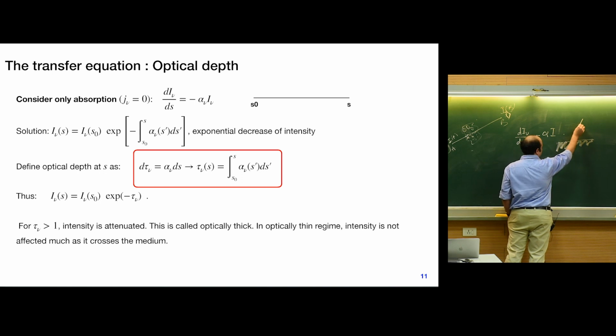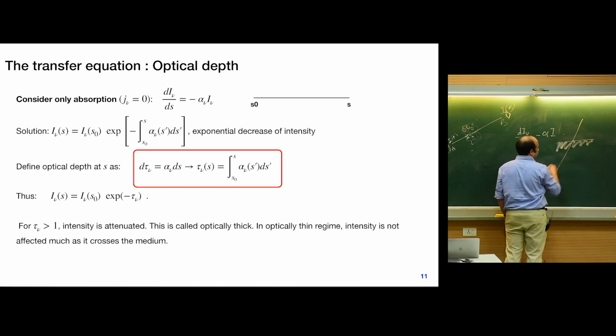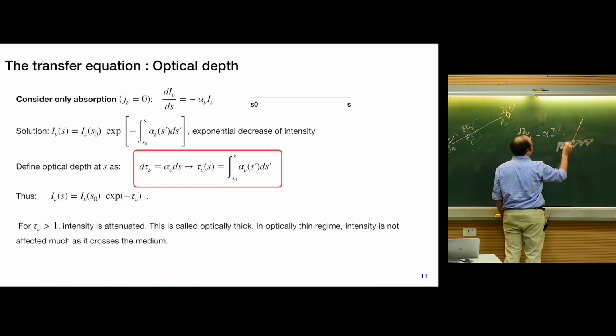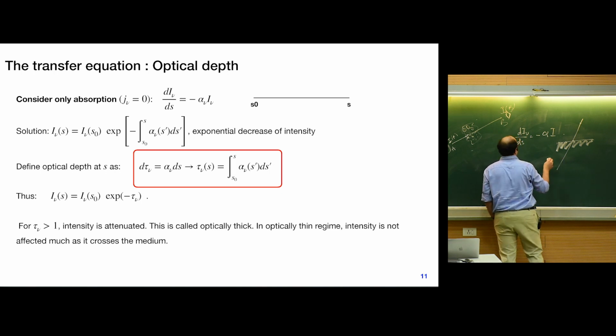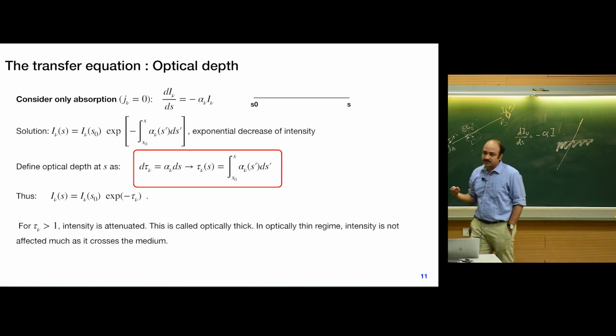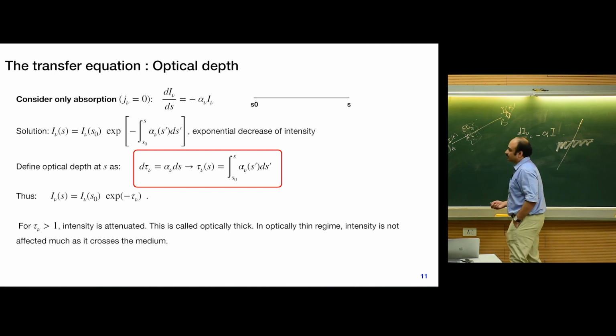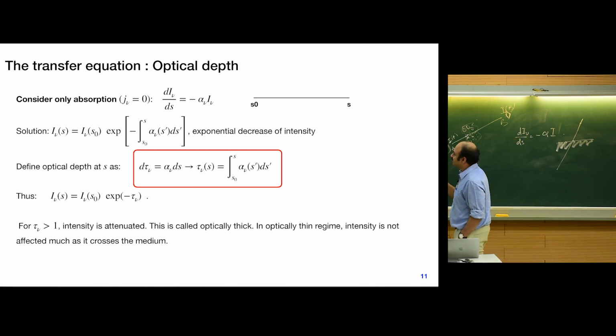So the intensity up to this point before it hits the surface is constant. Intensity is the same here because there is no absorption or emission. As soon as it enters the surface, the intensity attenuates exponentially. And that is given by exponential minus tau. I skipped one term here, which is the definition of this quantity called tau.